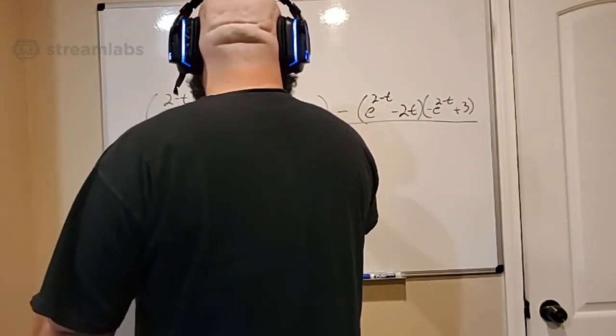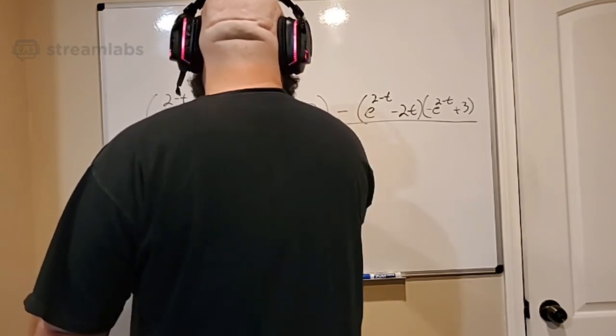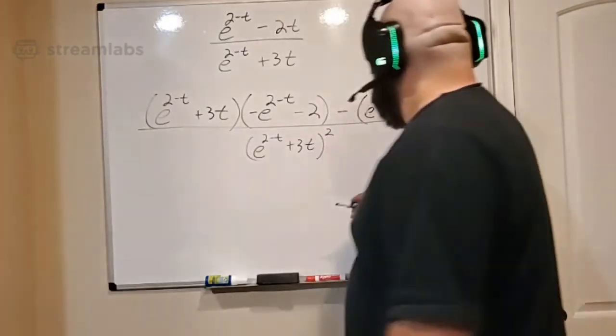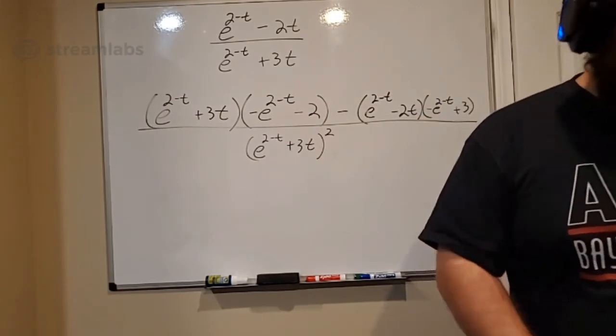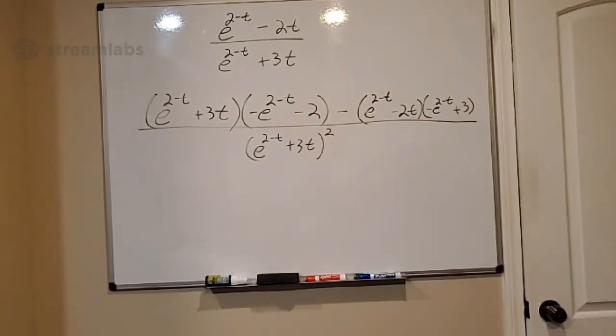So that should be your derivative. At that point, you should do your distributions, combine like terms, and nothing on the bottom cancels. So you just gotta check and make sure your distribution matches what they have for their top.